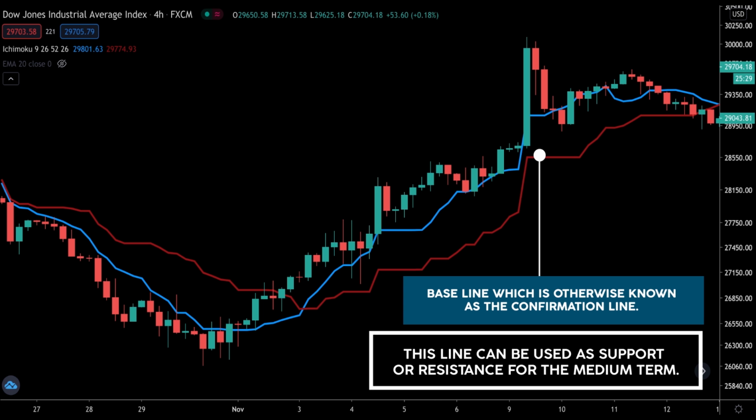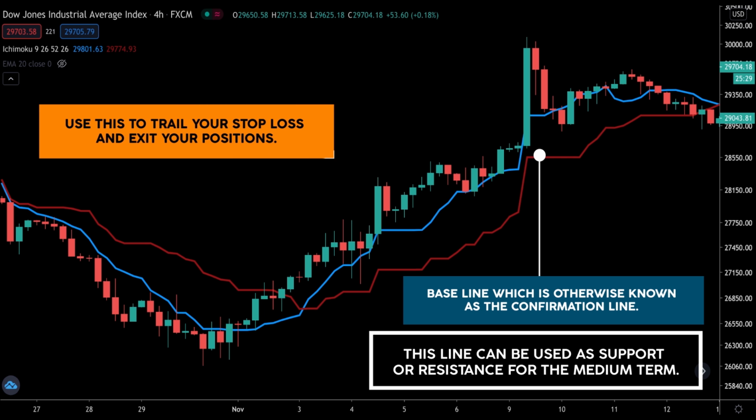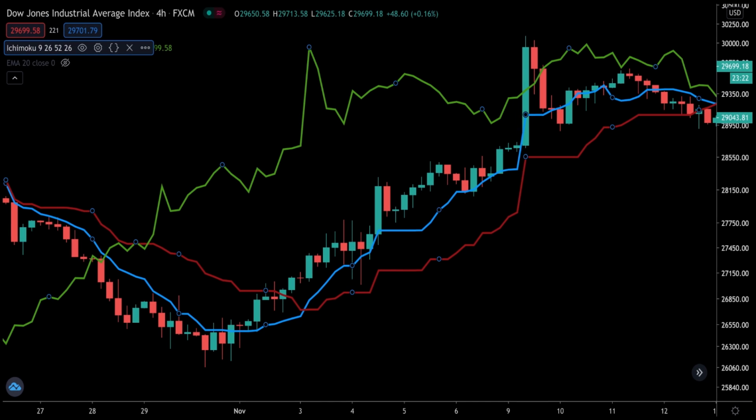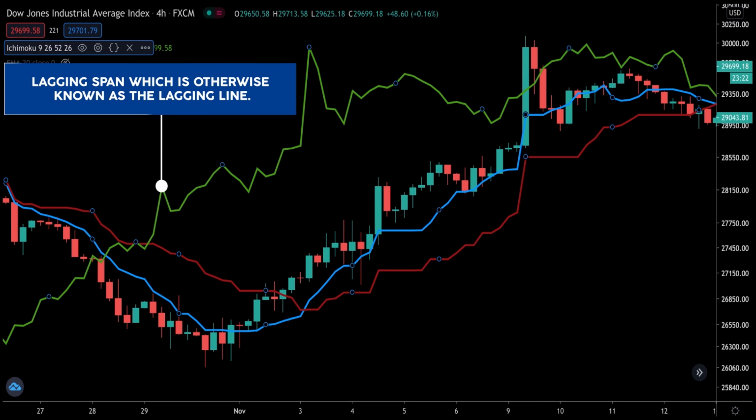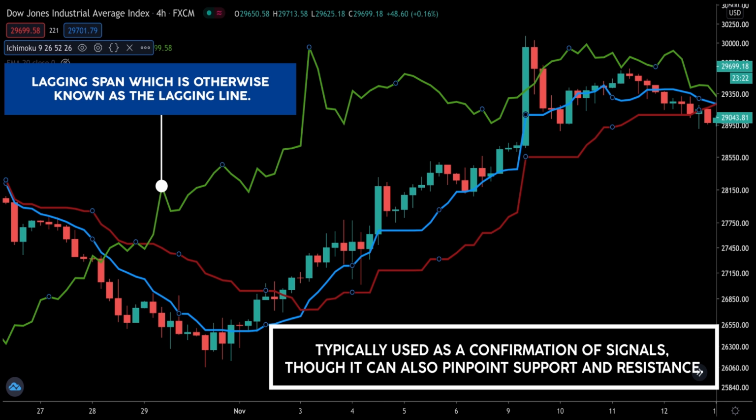This line can be used as support or resistance for the medium term. You can also use this line to throw your stops and exit your positions, just like a normal moving average. Then there is the lagging span, which is otherwise known as the lagging line. This line is typically used as a confirmation of signals, though it can also pinpoint support and resistance.